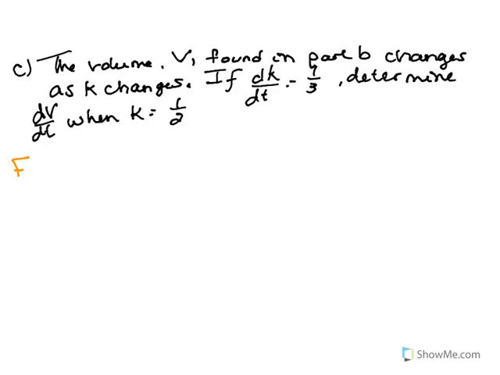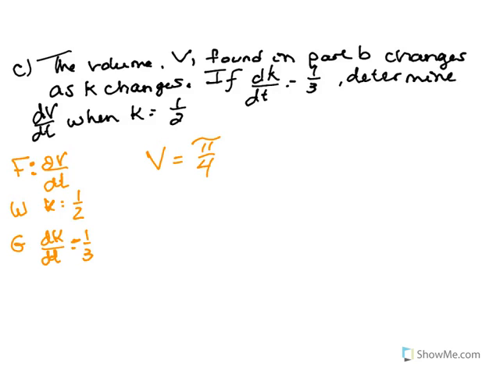And we're asked to find dv dt when k equals 1/2, given this is our other rate that's given, dk dt, which is 1/3, and then we need an equation. And our equation, of course, is going to be the volume that we found in part B, which is pi over 4 e to the 4k minus pi over 4.